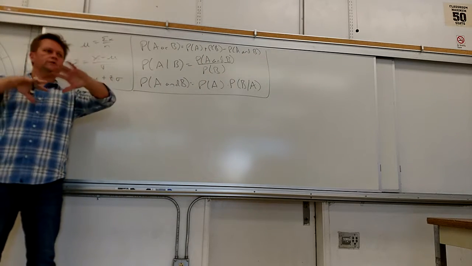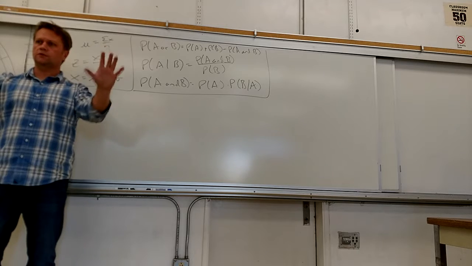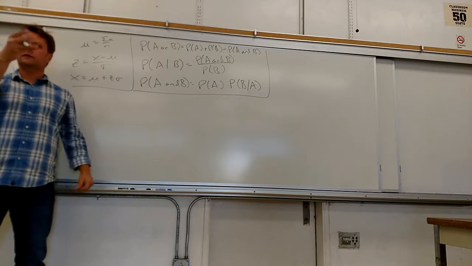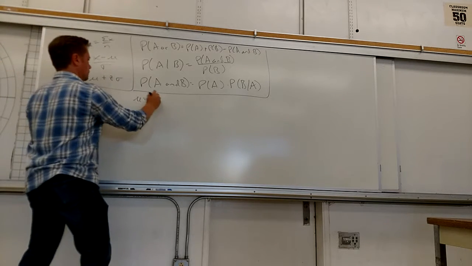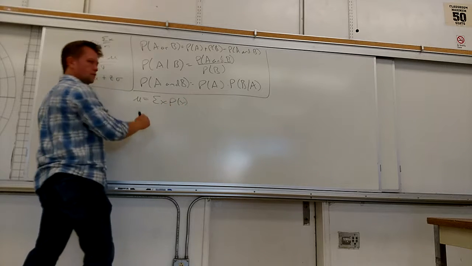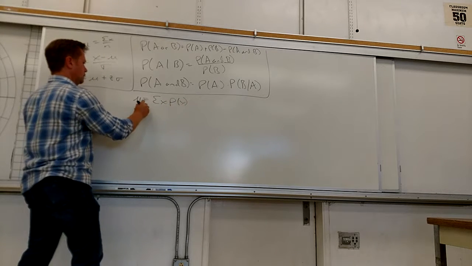We come back. Chapter 5 is where we start doing probability distributions. We have the x, p of x stuff.